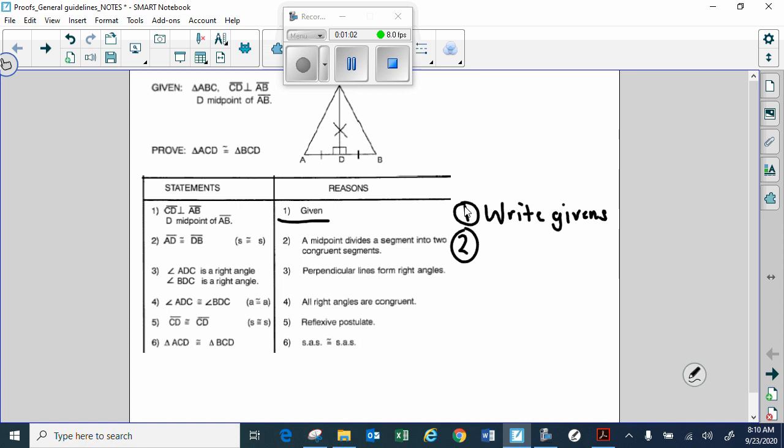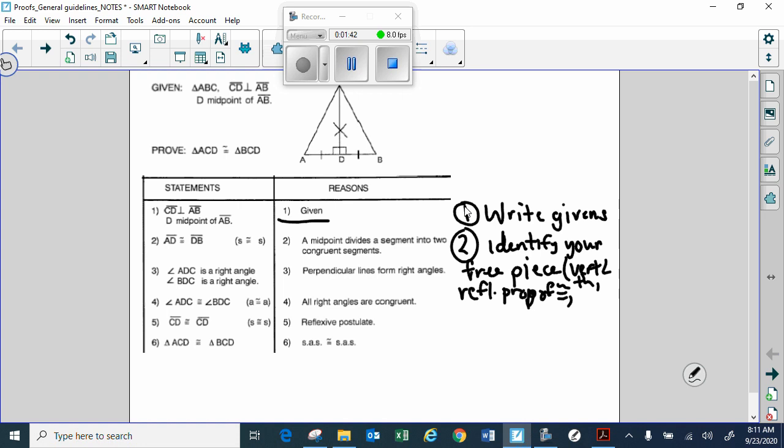Now, this doesn't always happen in the DCAS, but as far as you writing your proofs, this is what I would do. Identify your free piece, such as the vertical angle theorem, or the reflexive property of congruence, when you have either a side being congruent to itself or an angle being congruent to itself.